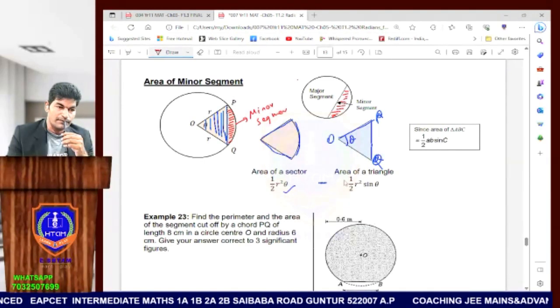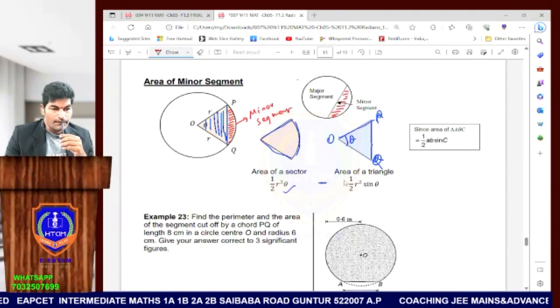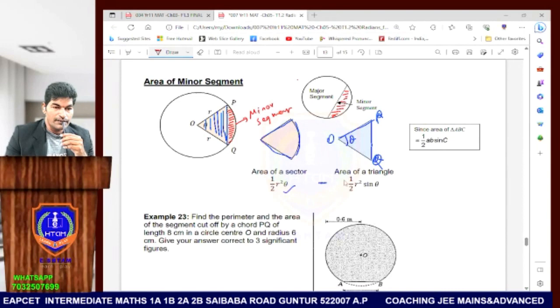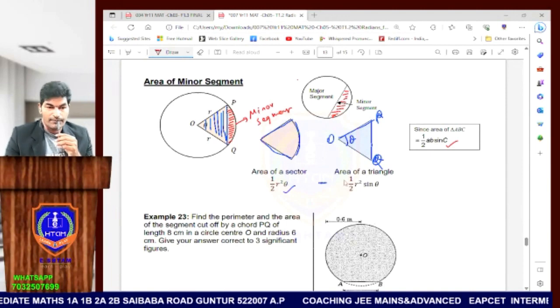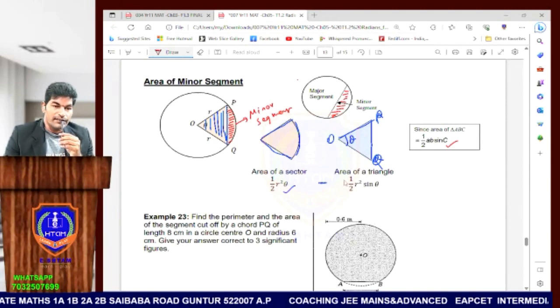Here you use the formula for finding the area of a triangle, half AB sin C. I told you this one, I gave you a list of area formulas, and among them you can find this result, half AB sin C.